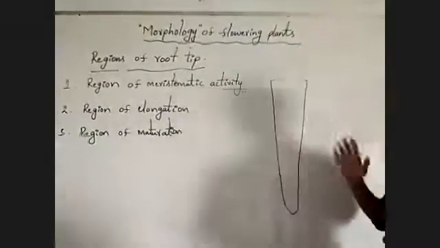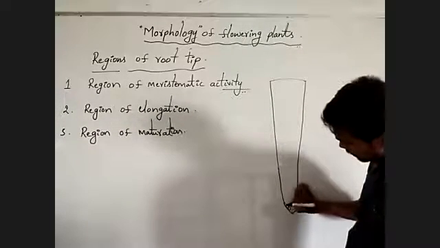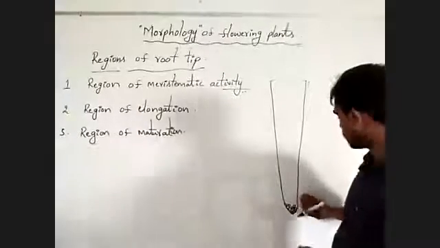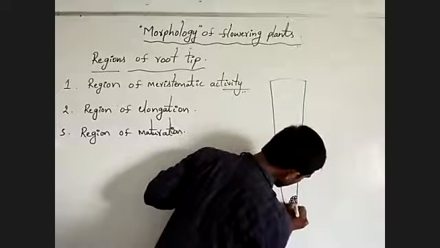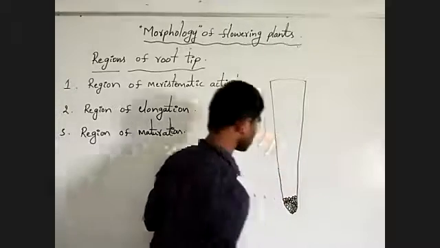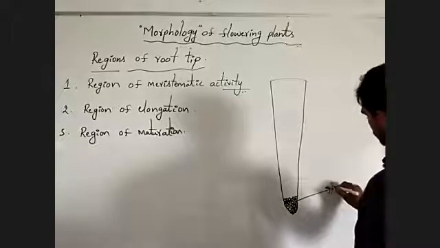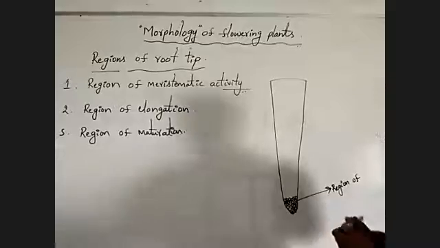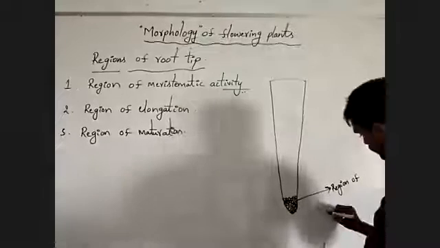Imagine this is a root tip. Now this apical region, terminal region, this is the region of meristematic activity.